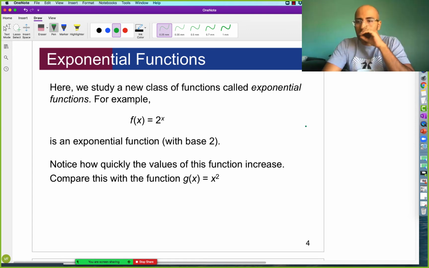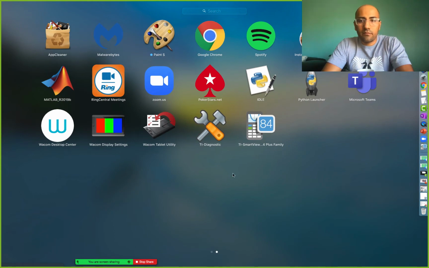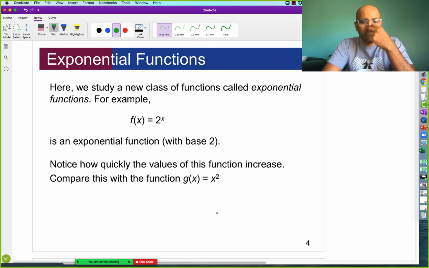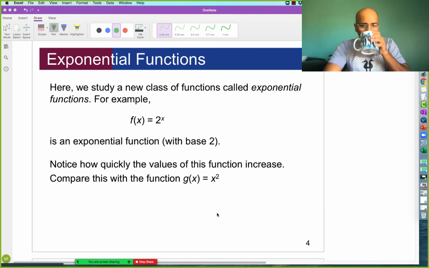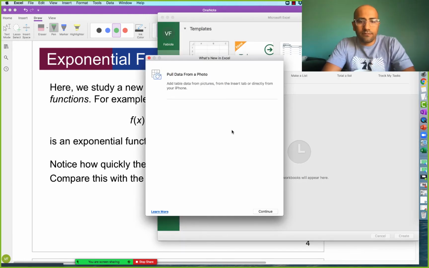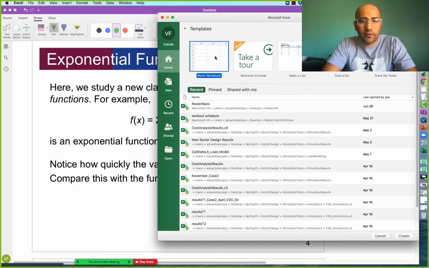What should we use? Let's see if we can use Excel. I hardly ever use it, so I don't know if it'll give me something weird.